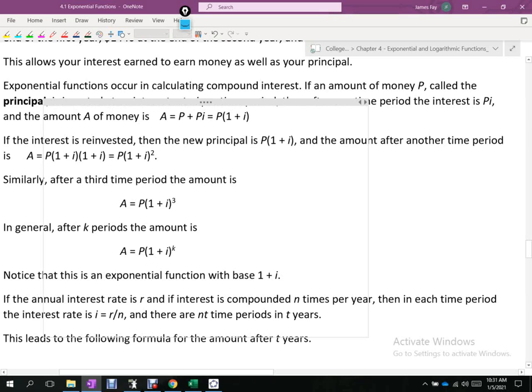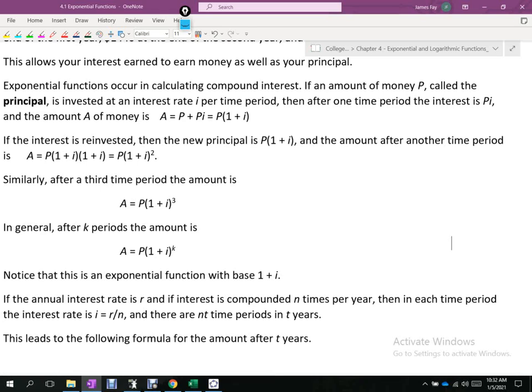Okay, so how does this get into exponential functions? I want to work a little bit with just some algebra 1 type stuff here, but it gets kind of messy on why this is exponential. So it says exponential functions occur in calculated compound interest. So there's an amount of money, P, called the principal, okay? That's the initial amount that I put in.